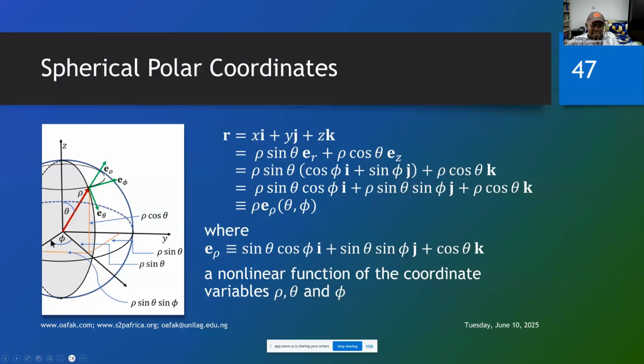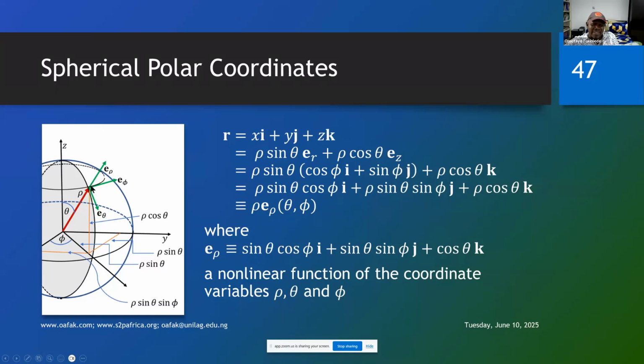So if phi is the angle between the plane of interest and the original plane, and theta is the angle between the vertical axis and the point in question, then rho is the distance from the origin to the point.